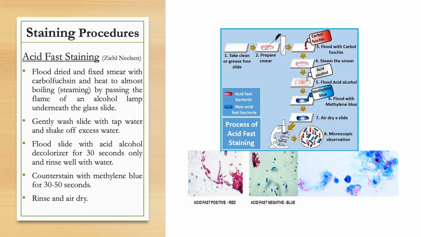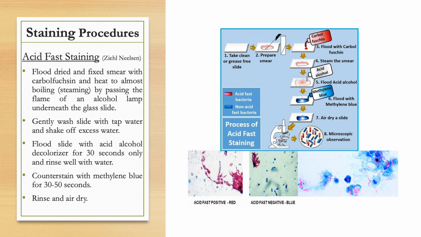Right? And that's because the complex, which we made penetrable earlier by heating, now it is cooled down, and the stain that is already inside the cell wall is not able to escape because, again, the complex of mycolic acid and wax is impenetrable to your decolorizer.